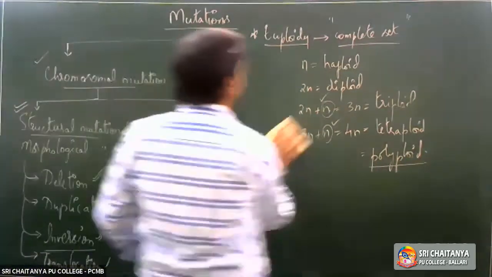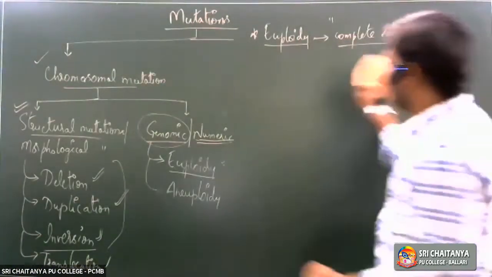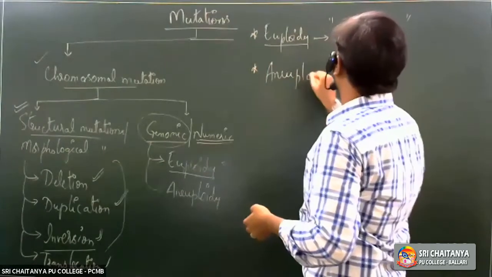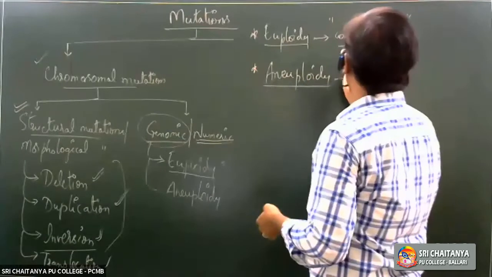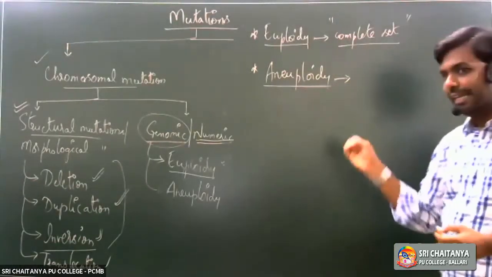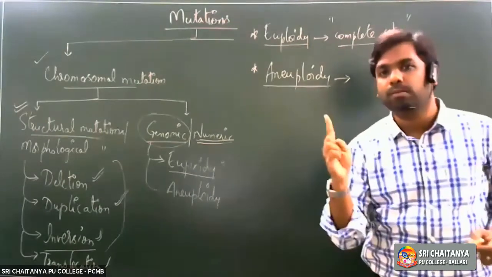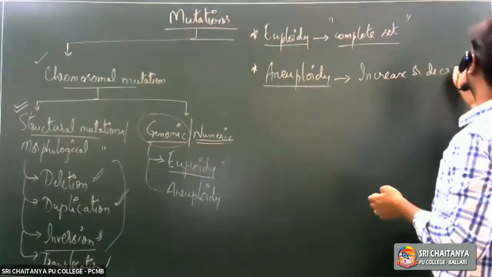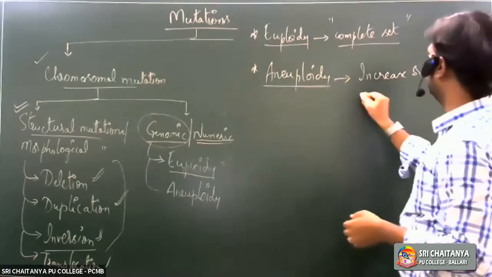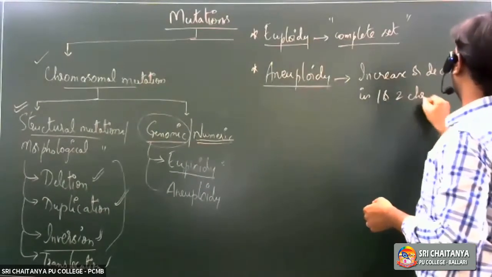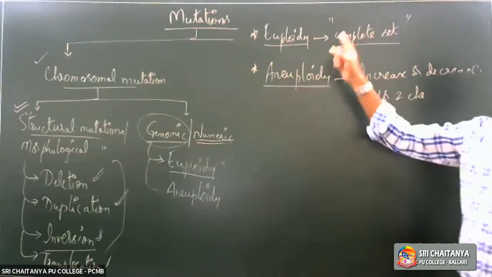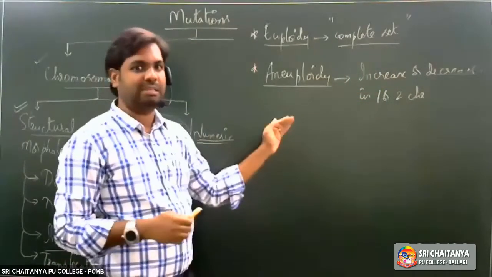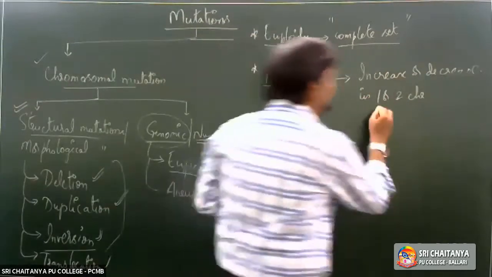Next, let us take up the next one, which is called aneuploidy. Let us see what's happening in aneuploidy. In euploidy, there is an increase in one complete set, whereas in aneuploidy, there is either an increase or decrease in only one or two chromosomes.